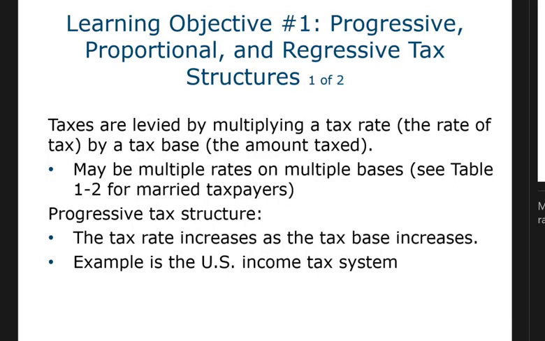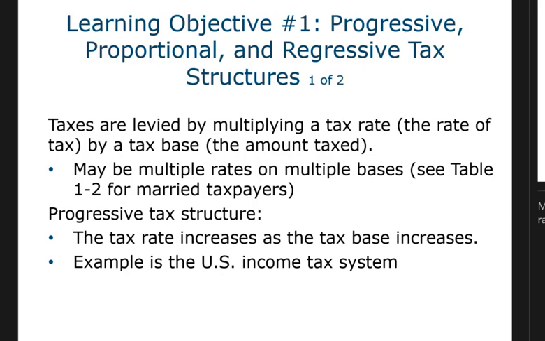So first of all, we need to understand the overall tax equation, and to do that, we introduce some terminology. You figure out what your tax base, or taxable income, is, and then you multiply it by a tax rate.